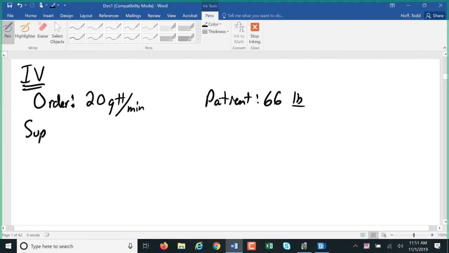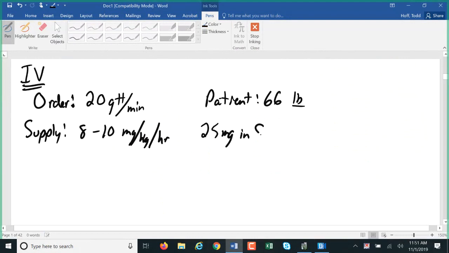Supply label says 8 to 10 milligrams per kilogram per hour. Constituted 25 milligrams in 8 milliliters, and a drop factor of 12 drops per milliliter.